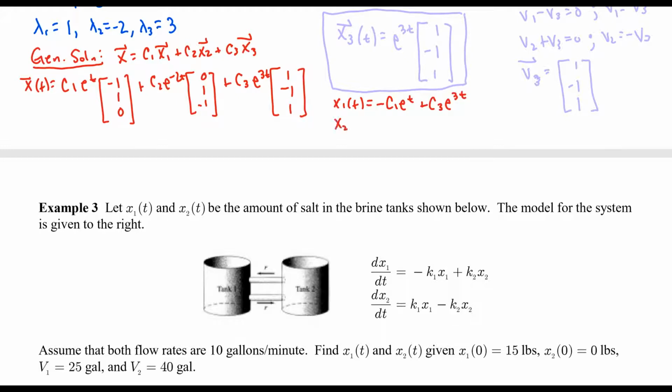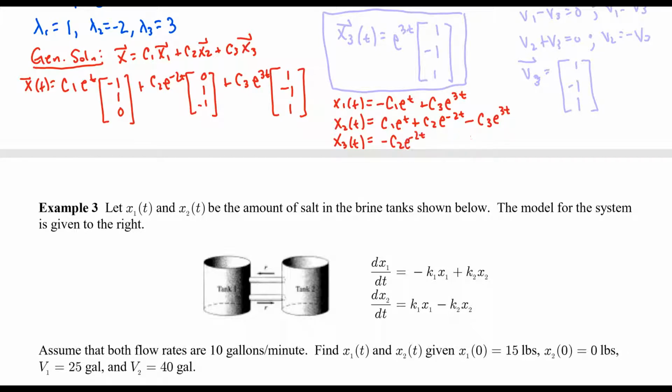Looking across row 2, we have 1 times c sub 1 e to the t plus c sub 2 e to the negative 2t minus c sub 3 e to the 3t. And finally, x sub 3 of t, looking across row 3, 0 times c1, negative c2 e to the negative 2t plus c3 e to the 3t.